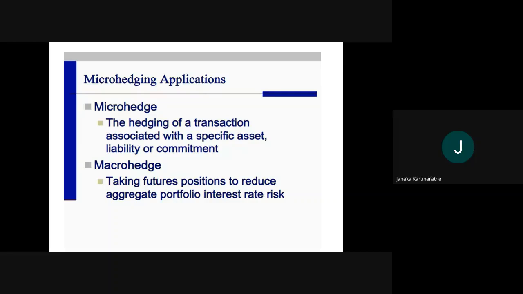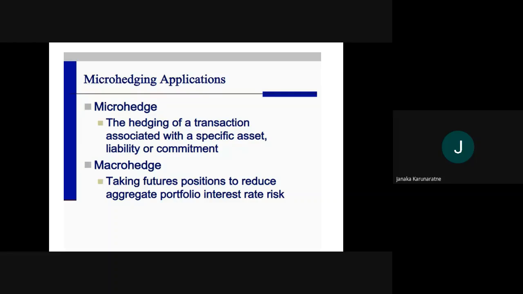Now as a banker, micro hedging is a little bit cumbersome, because you always have to think of each and every individual transaction and each individual asset or liability. But macro hedging is a more holistic view. Rather than looking at individual assets, liabilities or commitments, you look at the entire balance sheet position. Remember, we discussed duration hedging in the very last lecture.